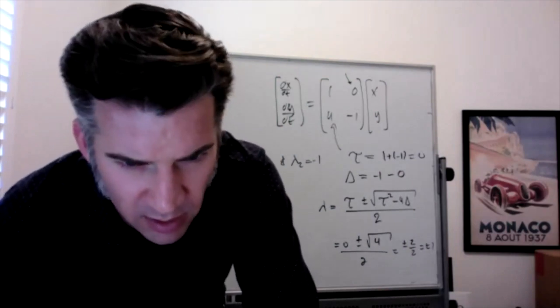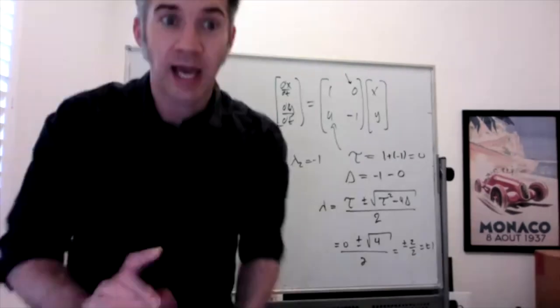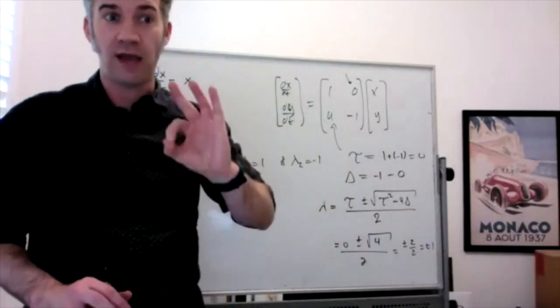Sorry, someone sent a message. You said that if the diagonal is equal to 0, but I said if one of the off diagonal things is 0.